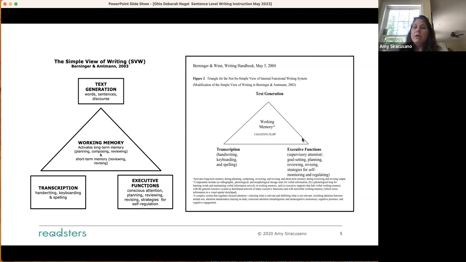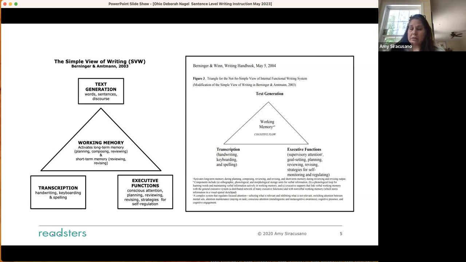Okay, the one that really impacts us in the classroom when we're working with kids, and it impacts them as well, is executive functioning skills, right? Some of the wording between the two models has shifted here. They renamed some things to say supervisory attention, which means that the adult in the room who's leading the instruction needs to be keeping a pulse on what kids are doing. Why is that?